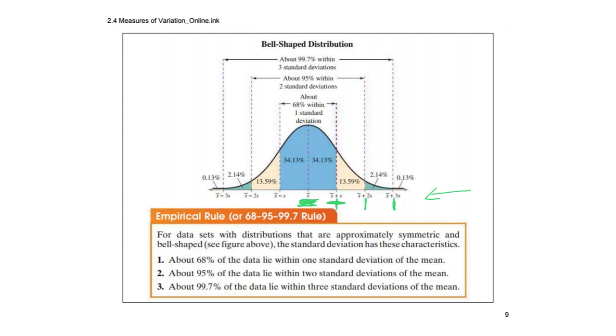On the left-hand side, we're subtracting the standard deviation. So we start at the mean, we subtract the standard deviation to go here, subtract again to go here, and subtract one more time to go here. Okay, so we're going to practice this. We're going to create number lines where we put the mean in the middle, and then we add the standard deviation on one side, and we subtract on the other side.